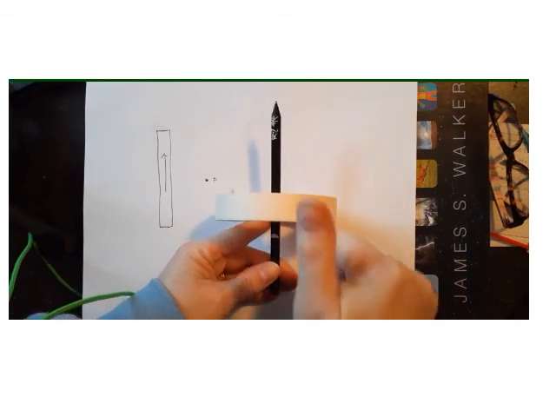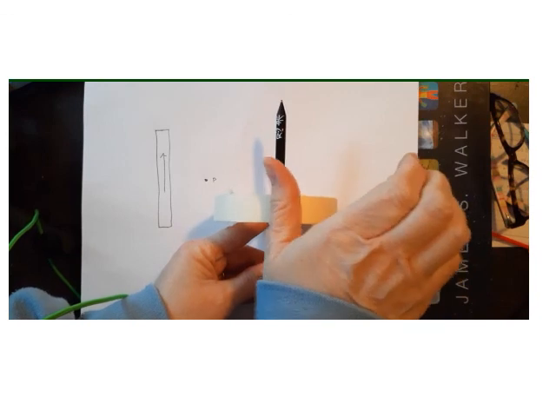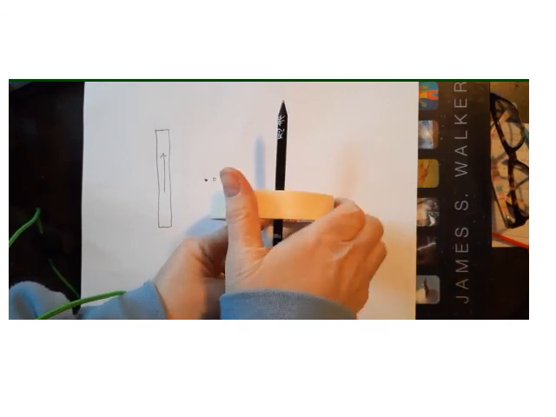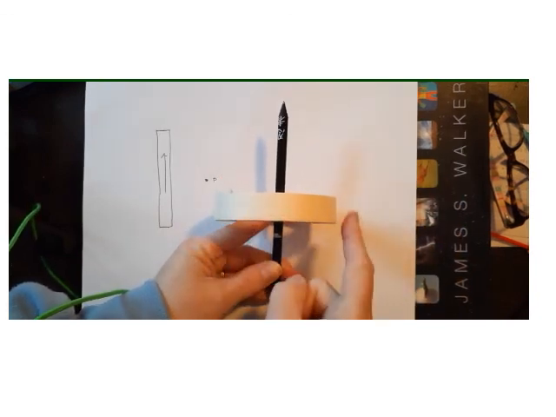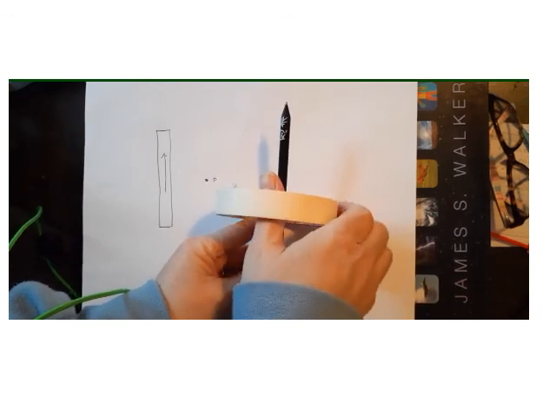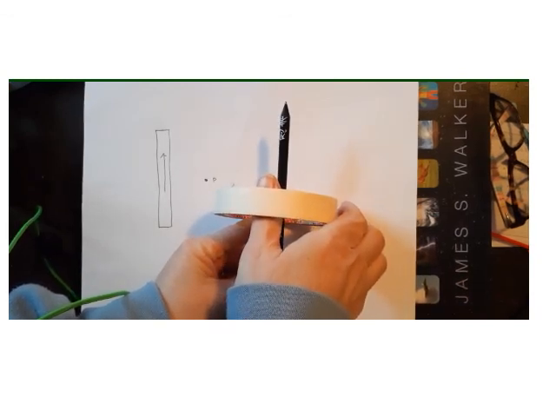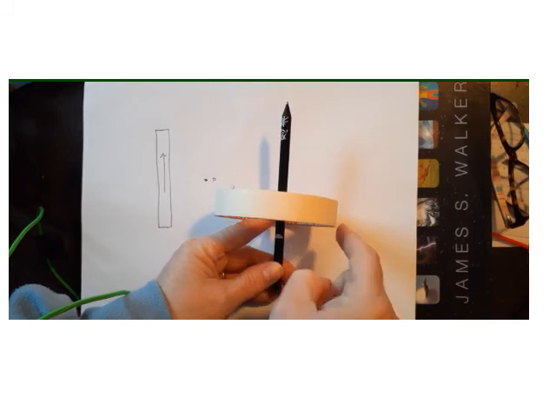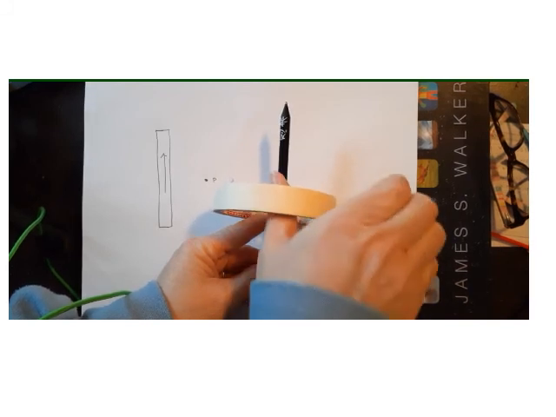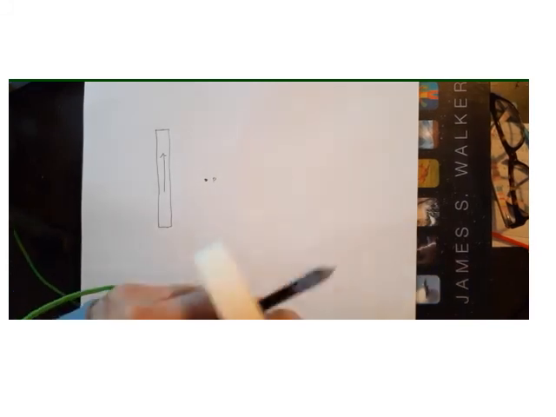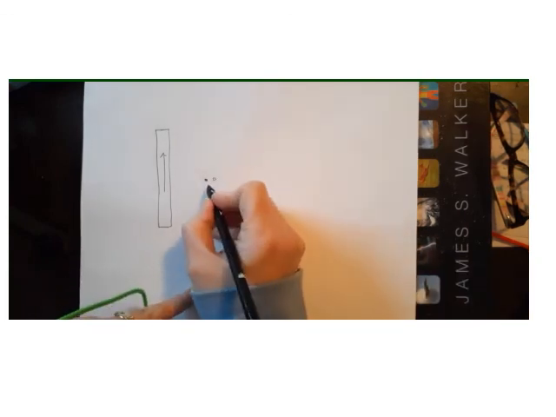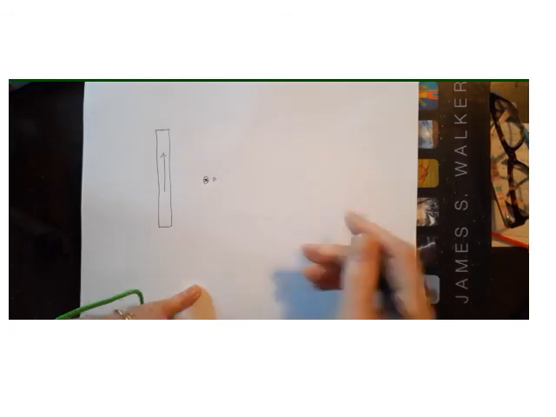So to use my right-hand rule, I put my thumb with my current and my fingers show the orientation of the field. So I ask, what's happening right here at this point? Well, my fingers are pointing down into the page. My magnetic field is a tangent to the circle, and my fingers are pointing down or into the page. I can draw that on my picture right here. So my magnetic field is into the page.